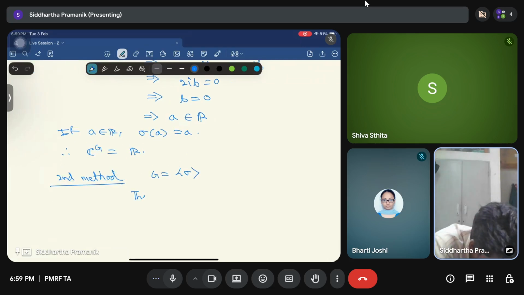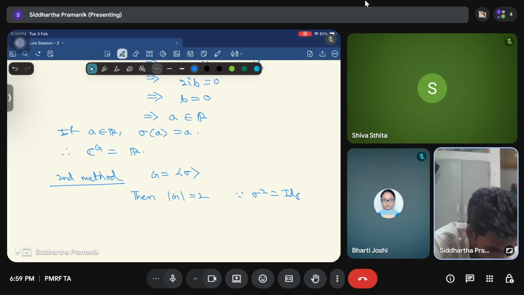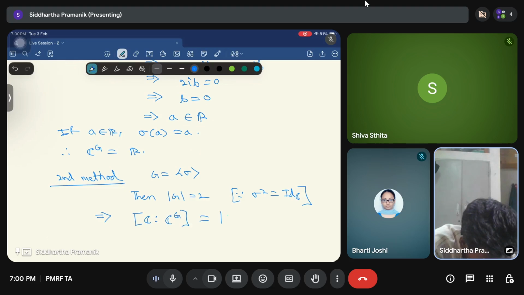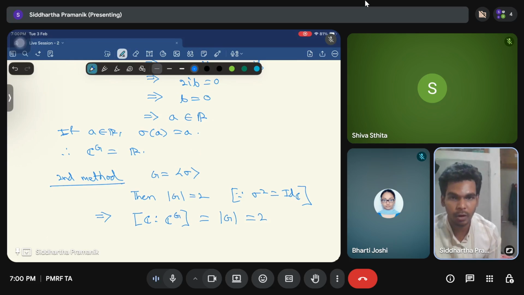Then order of G is 2, because sigma square is the identity map on C. If you take the conjugate 2 times, you get the same element. So that means the degree, this is the cardinality of the group. This is 2. So this is the second theorem on fixed fields, right?